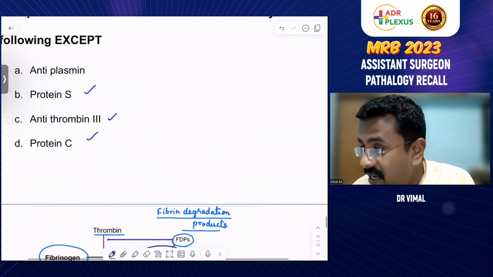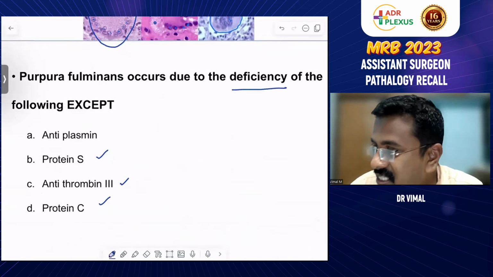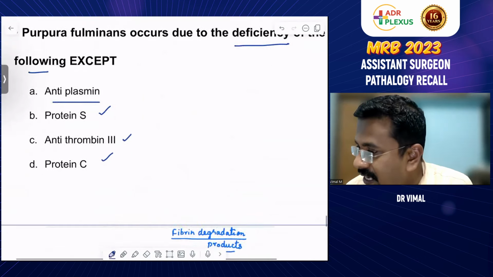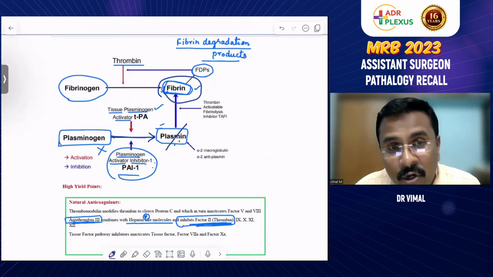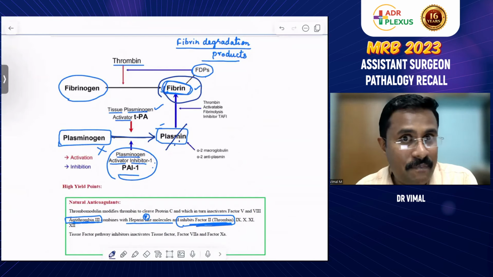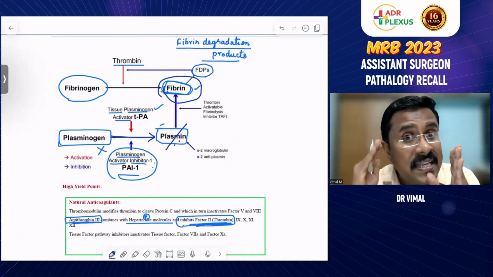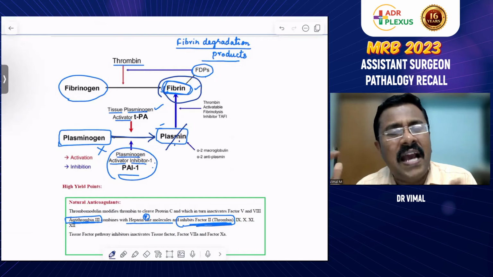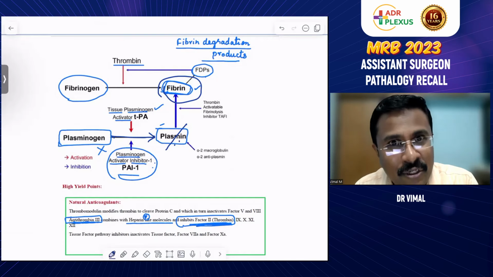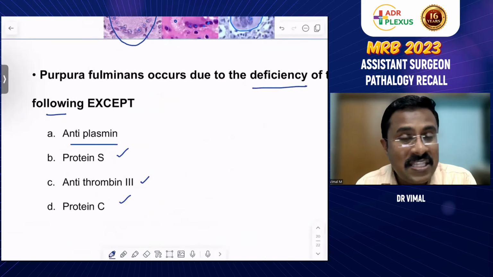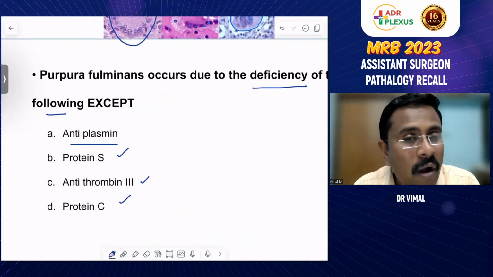But what did the question ask? Deficiency of antiplasmin. There is deficiency of antiplasmin, so no one counteracts plasmin, and plasmin does its job very happily. So there is increased fibrinolysis and no hypercoagulability.